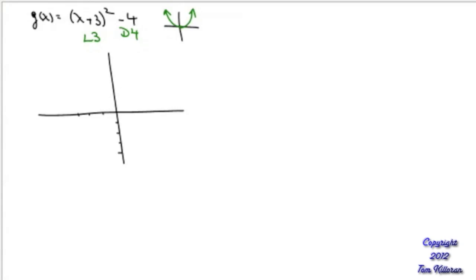The only time you flip is when there's a negative on the outside, and then there's that weird case when there's a negative on the inside, but I don't like talking about that one. That gets most people confused. So left 3, down 4, the origin point moves here. That original origin point has shifted itself over to this position. And then the rest of it is, you draw that shape. That's easy.